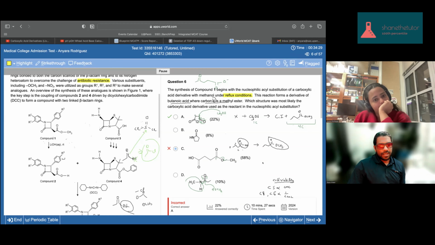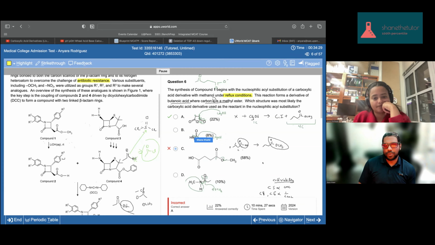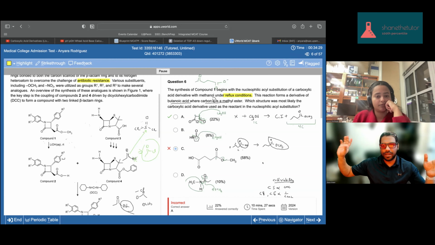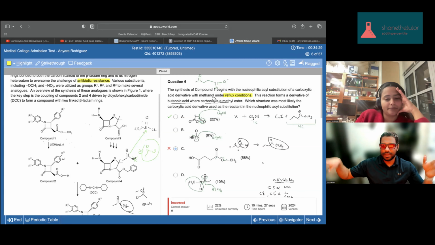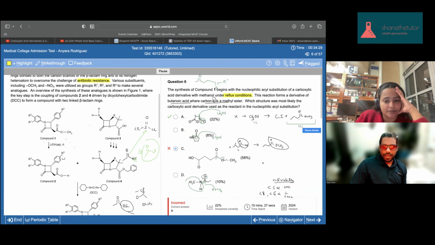So if we had CH3, methanol attack here, it would break apart the ring but it would leave the amine in the ring, right? I'm sorry, it'll break apart the ring, and you'll just have one end be an amine, right? But we don't have that in our end product, so that can't be it.